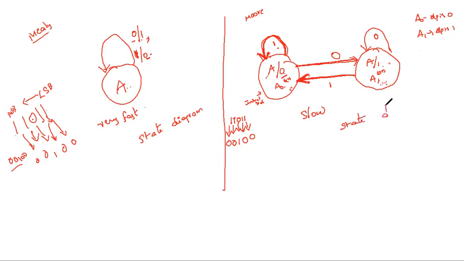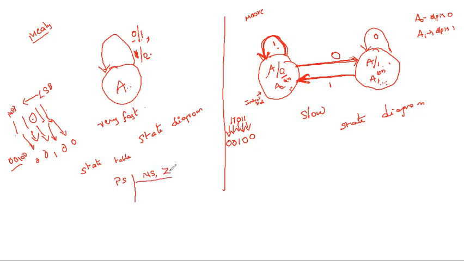Now from this state diagram, we prepare the state table. Let us see the state table. In the state table, what do we have? Present state, next state, comma, output.